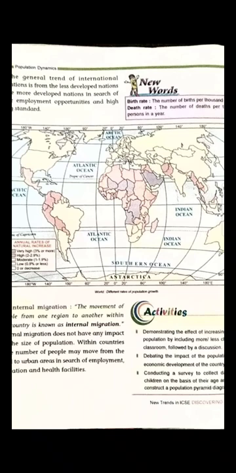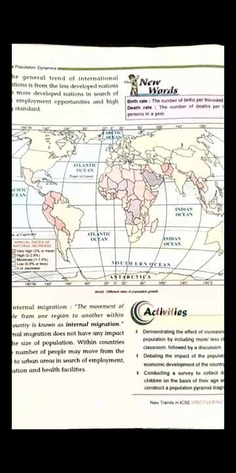Now there is another form of migration which is called internal migration. In internal migration, the movement of people from one region to another within the country is called internal migration. Internal migration does not have any impact on the size of population. Within countries, large numbers of people may move from rural to urban areas in search of employment, education and health facilities.